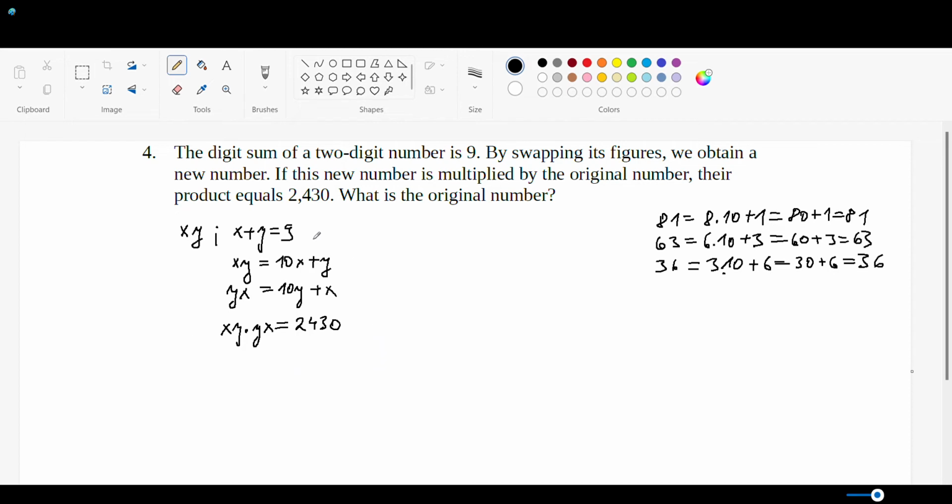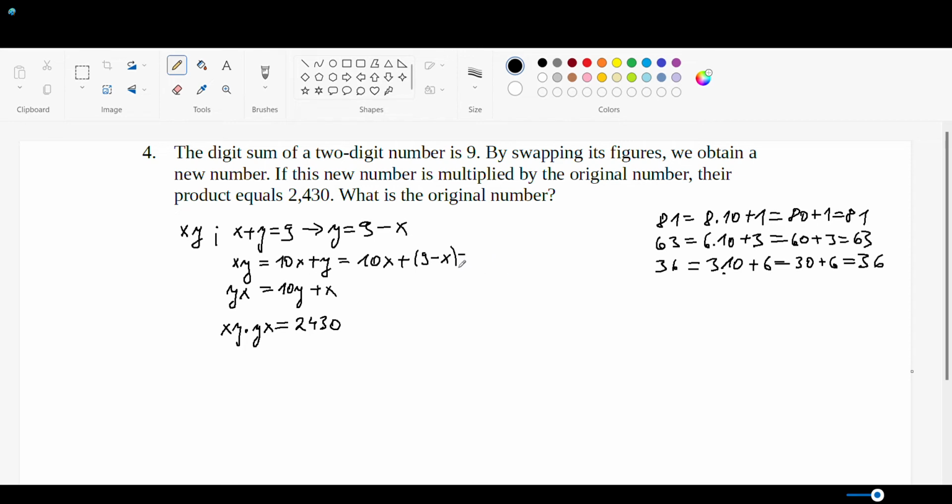What we can do here is we can say from this equation that y can be represented as 9 take away x. Okay, and as we have y here, we can simplify this expression, and we can represent our xy number being 10x plus, and I will put brackets now so that you can see clearly what is happening here.